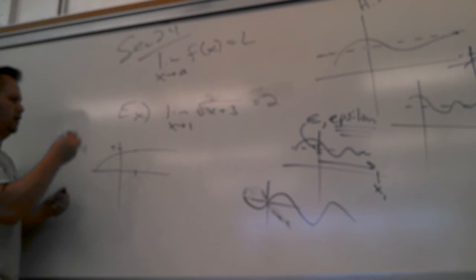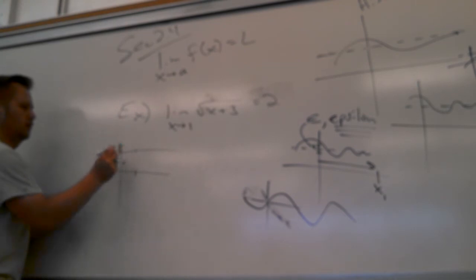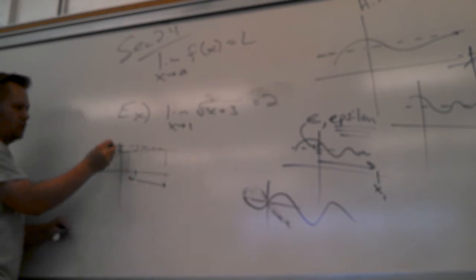So if somebody gives me some epsilon, around 4, say, I want you to be within 0.1, I will always be able to find some region where all my values are that close to it. So if somebody wants to be even closer, this is going to have to shrink a little bit.